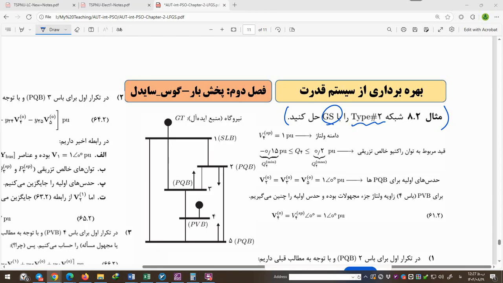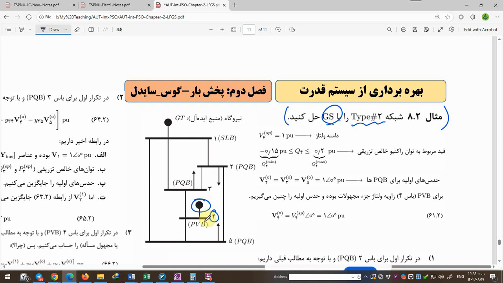Okay, for solving the next exercise, the system type 2 with GS, the difference between type 1 and type 2 is that the power plant or generator is connected to bus number 4 and makes bus number 4 a PV bus.